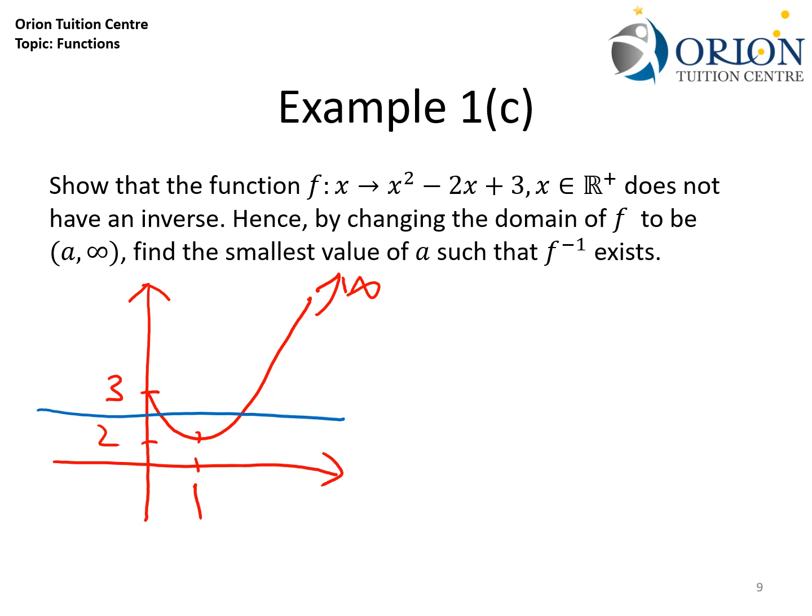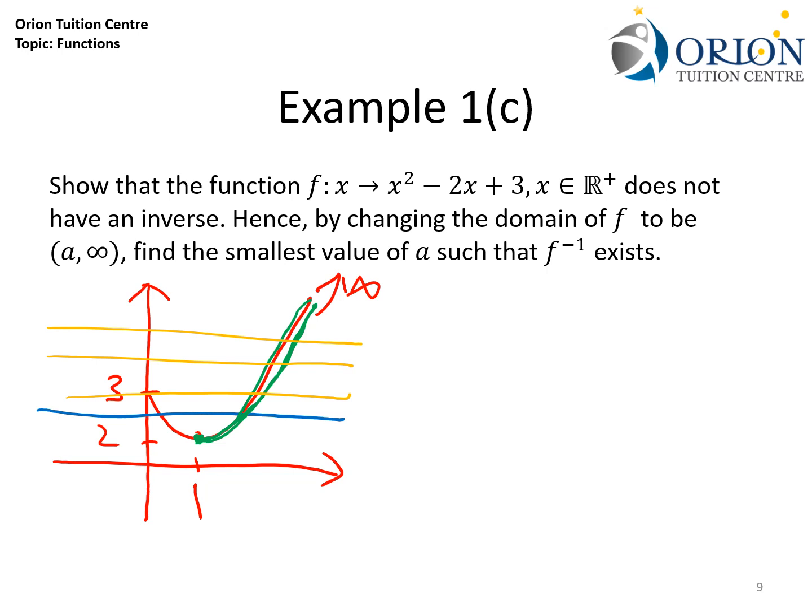Now, if we were to amend the domain of this function, how can we make sure that it cuts at only 1 point at most? So the trick to do that would be to start from the minimum point and go towards the end. And we see that once we start from the minimum point upwards, it will no longer cut the graph at 2 points, and therefore whatever horizontal line that we draw, it is going to cut the green curve at just one point at most.